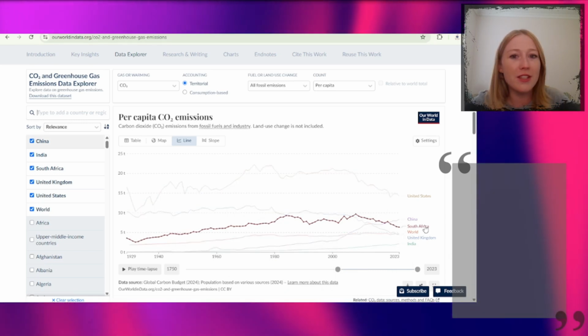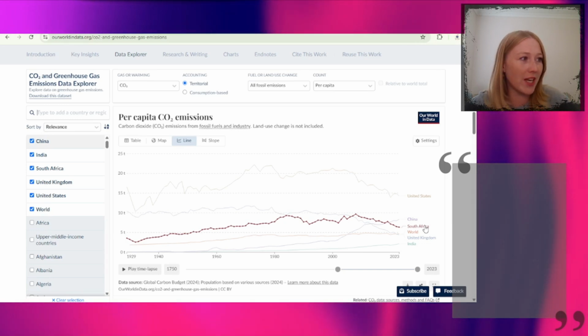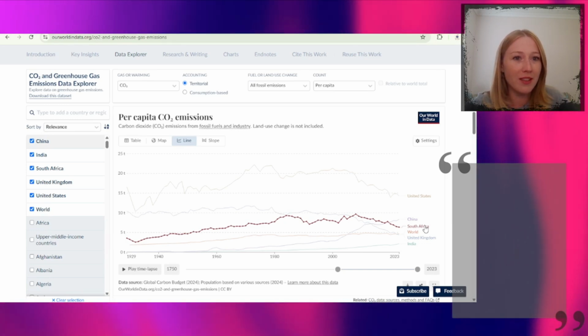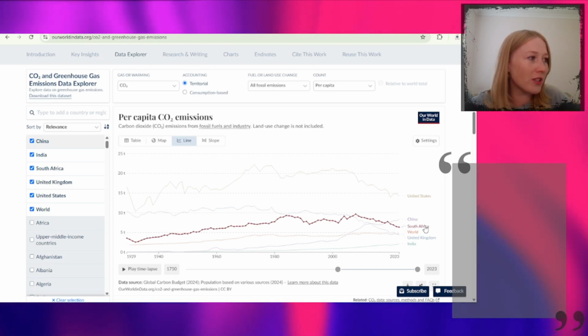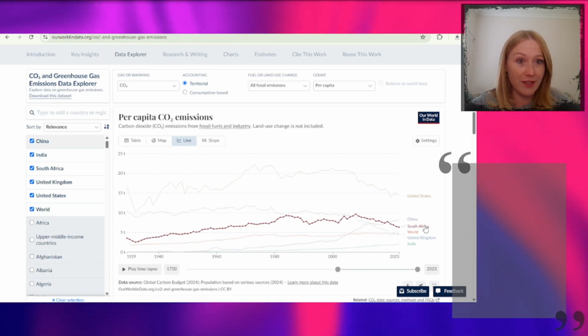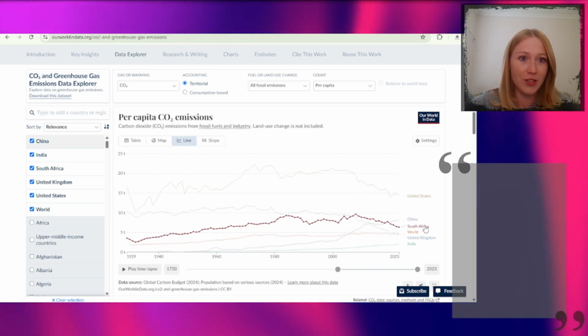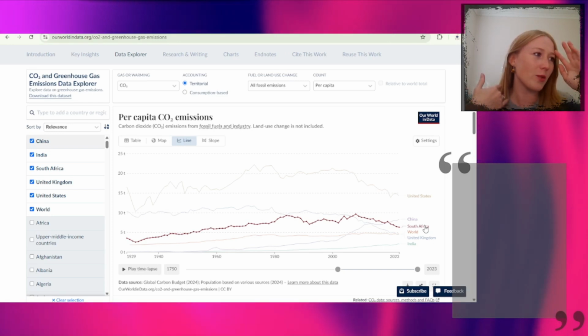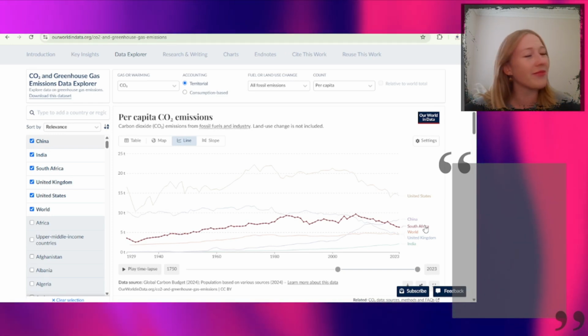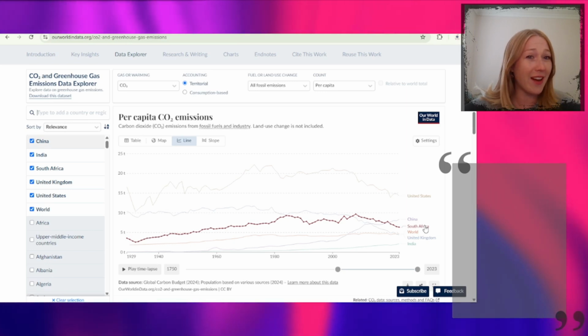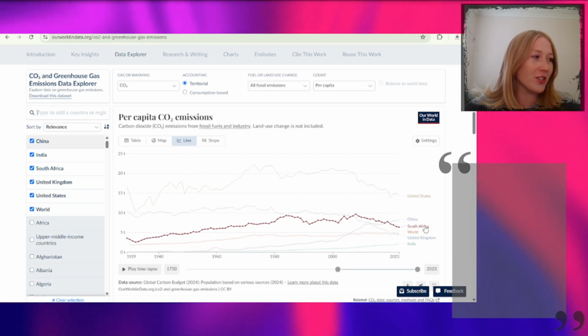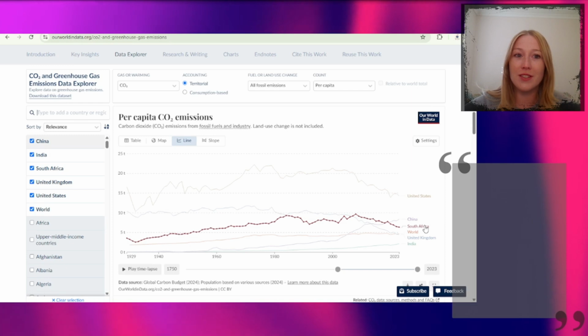South Africa is not as developed yet as it should be. So it's a good thing that they're not producing greenhouse gases, or that it's starting to decrease. But it also tells me that the industrialization is slowing down, and I don't think that's a good thing for South Africa's development.